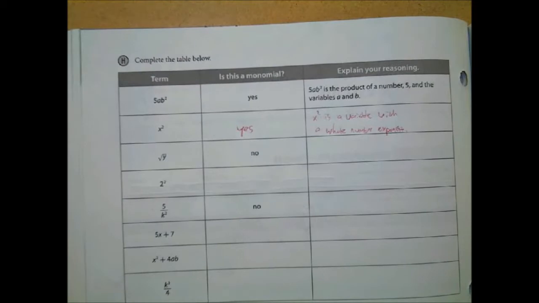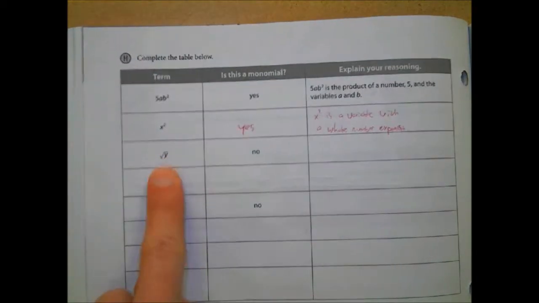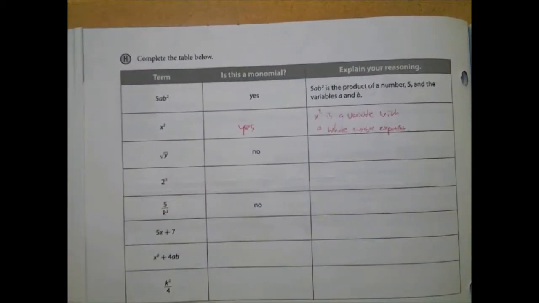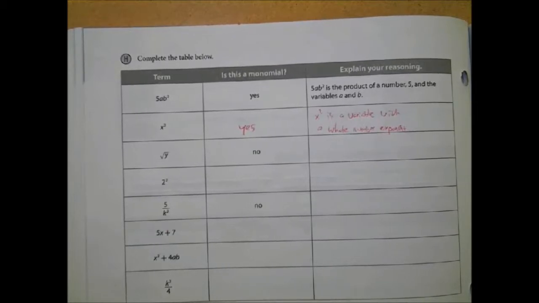Okay? Square root of y is not a monomial. Can anyone explain why that is the case? Square root of y, why it's not a monomial? This is a bit tricky. Yeah, Tyler? Do you guys know what the exponent is for a square root?